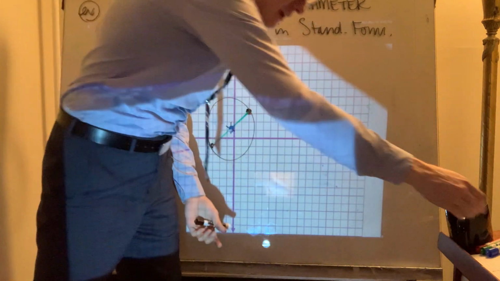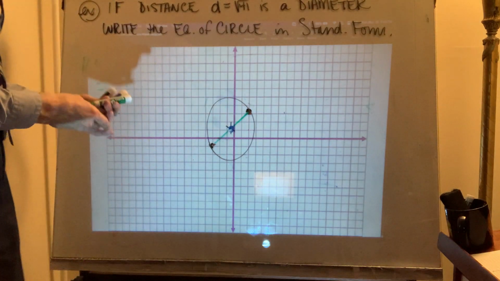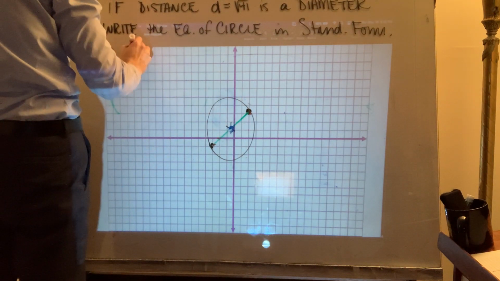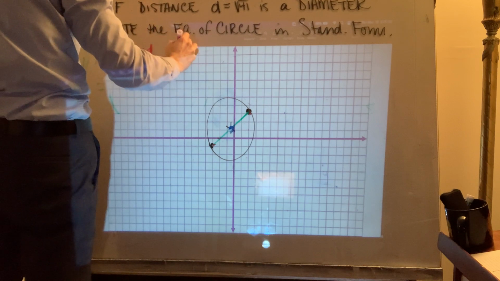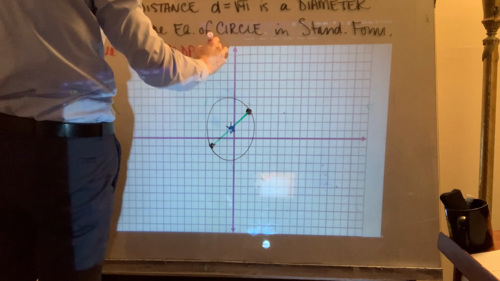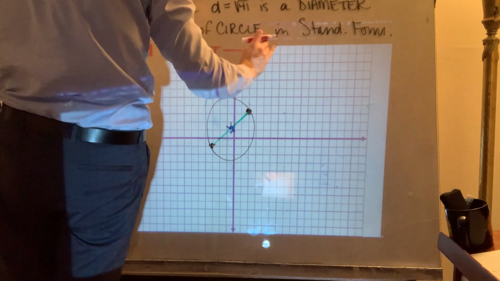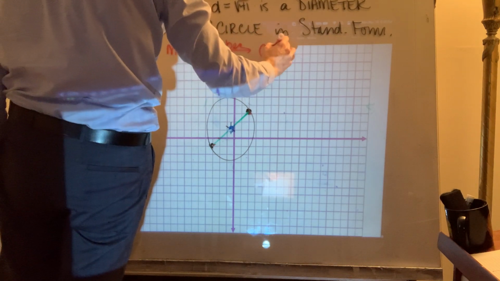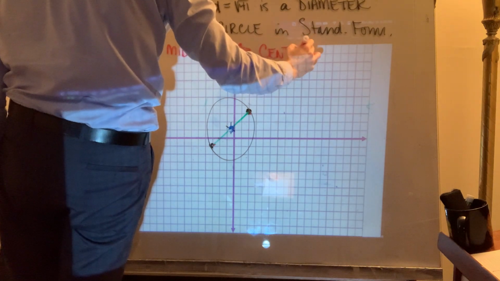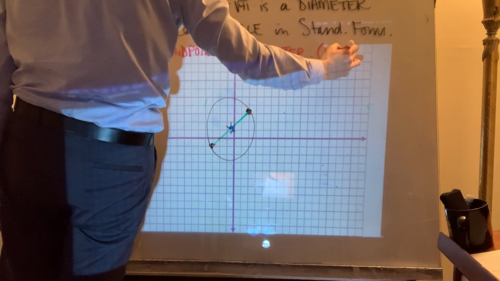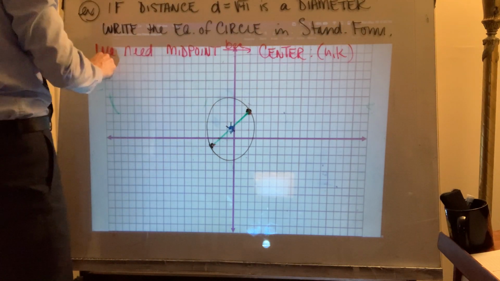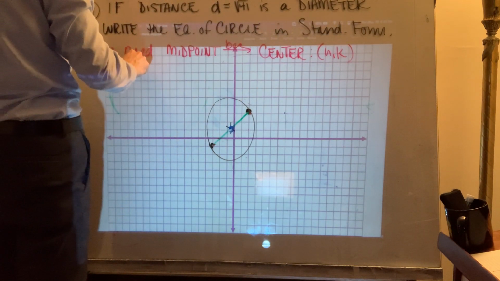If that is the case, if those are the conditions, right, we would need the midpoint, right, because that is the center of the circle, otherwise known as h comma k, right, an x and a y respectively, and we need a radius.